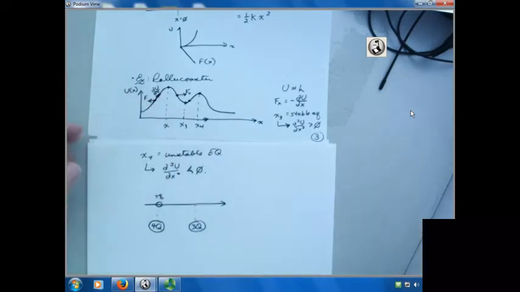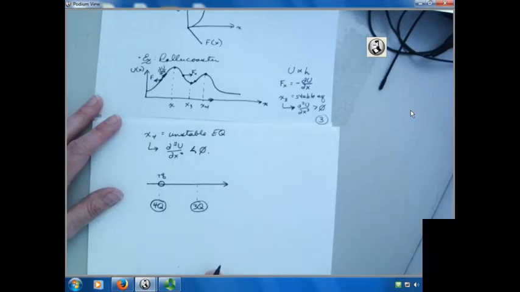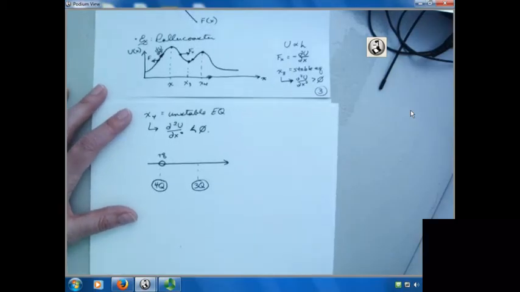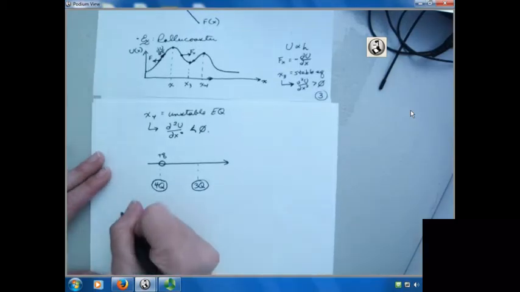All right. And one of the nice things about energy is that for this one-dimensional case, you can use energy to solve for motion, only in the case that you have a one-dimensional problem.